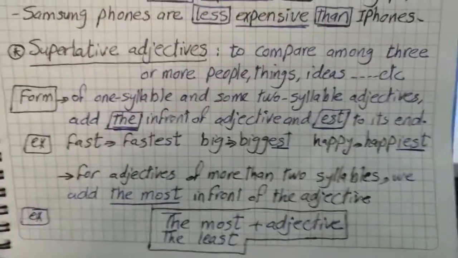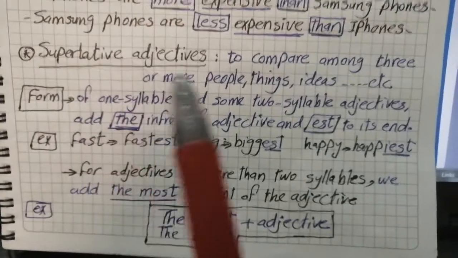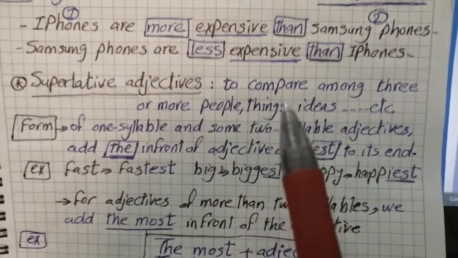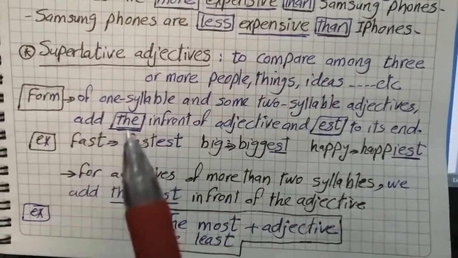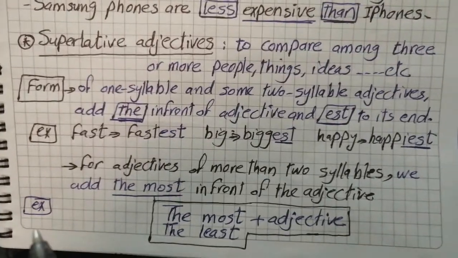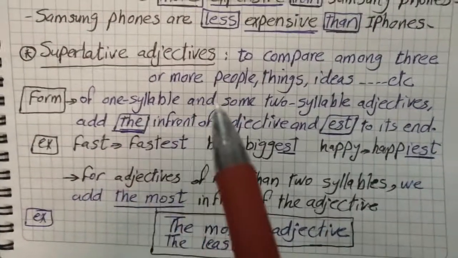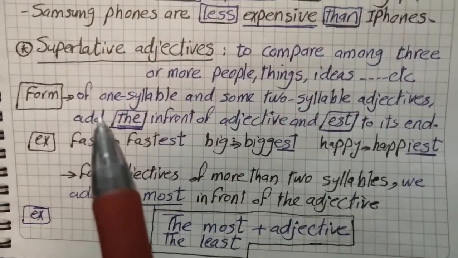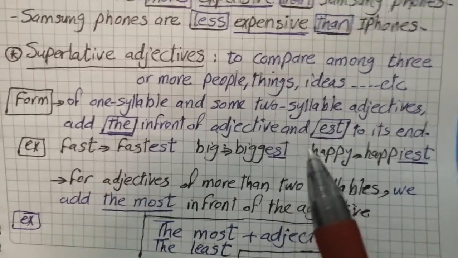If we are comparing among three or more, we use the superlative form of adjectives. To compare among three or more people, things, ideas, etc., we use this form. For short adjectives, which are one or two syllables, as we learned in the previous lesson, we add the in front of the adjective and -est at its end.